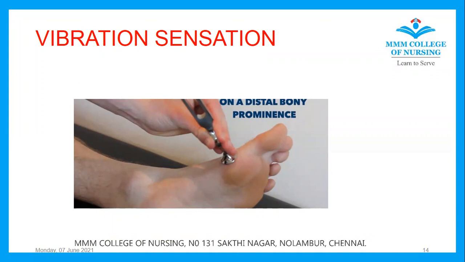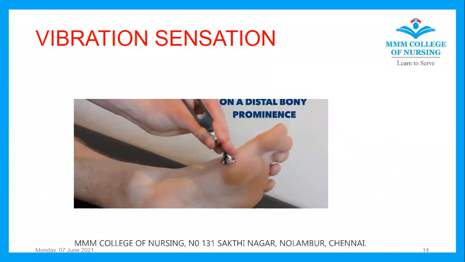We have to continue our procedure: vibrate and keep it on the metatarsophalangeal joint of the big toe. If the patient is unable, again we perform the same at the ankle joint. If the patient is unable to recognize, again we perform it at the knee joint.